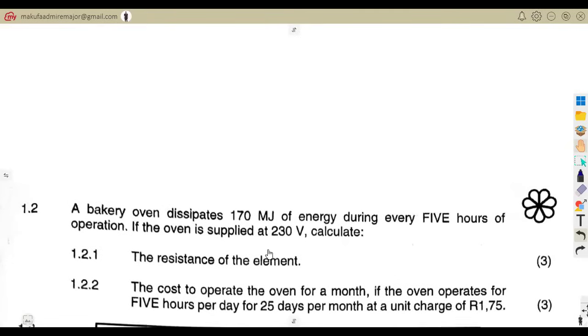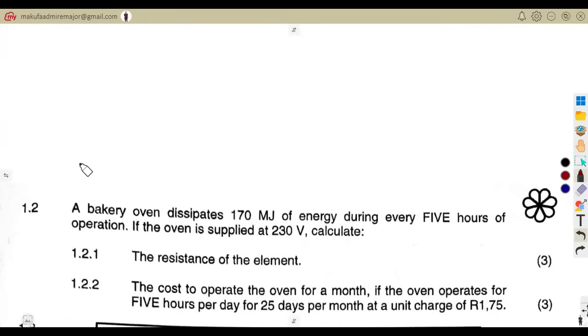More with our theory. All right, considering 1.2, you were given that a bakery oven dissipates 170 megajoules of energy. So we are given the energy, which you can write as Q, or W, or E, as long as you understand what it means.